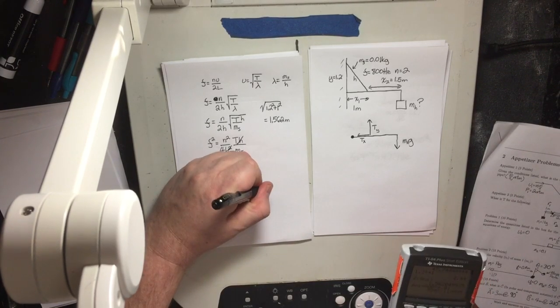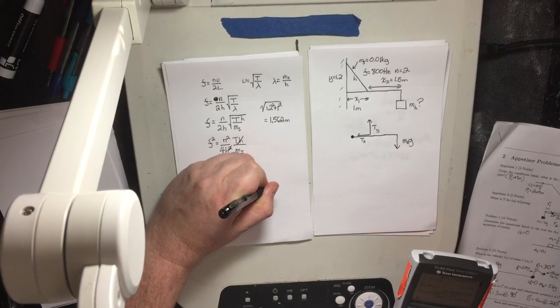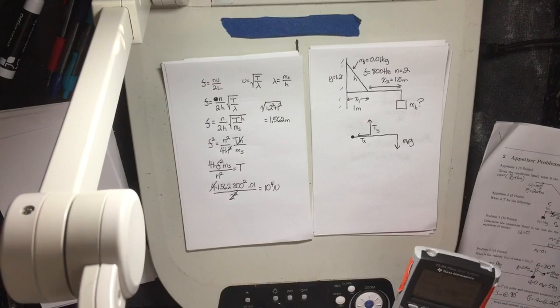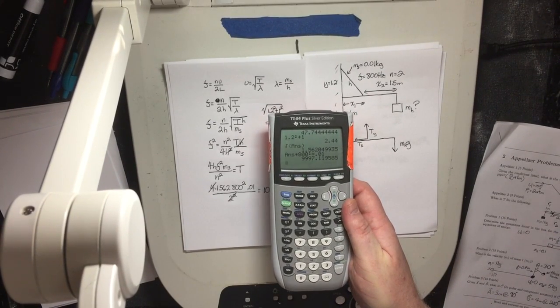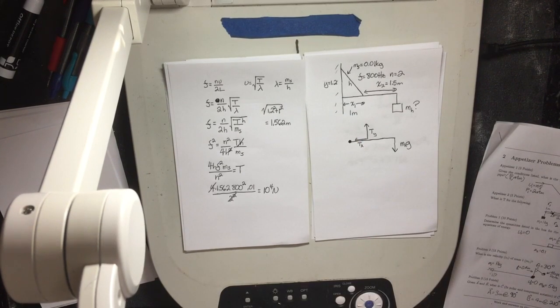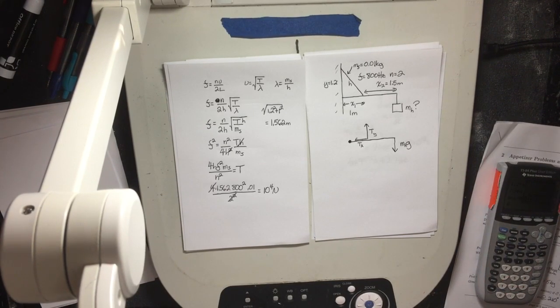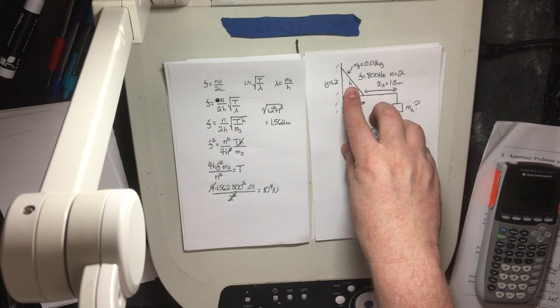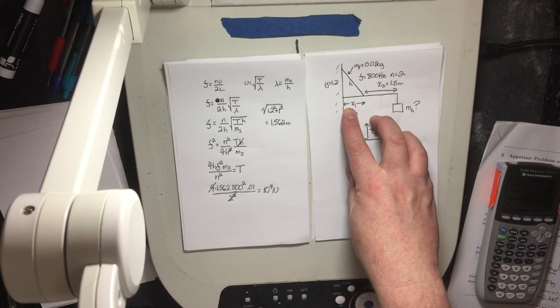Oh, this is really good. 10,000 newtons. Because if you can see it, it's actually 9997.11. So we'll just round it to 10,000 newtons. So that's the tension in the string. Where's the height? That's the hypotenuse, which is the square root of y squared plus x squared.